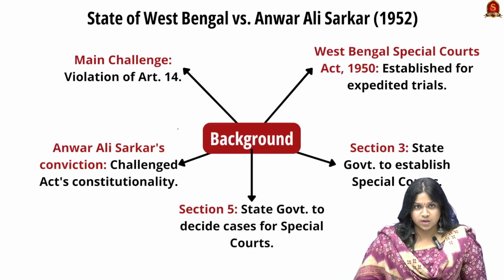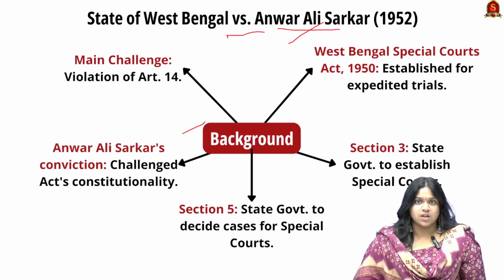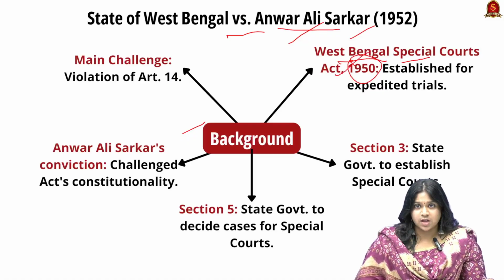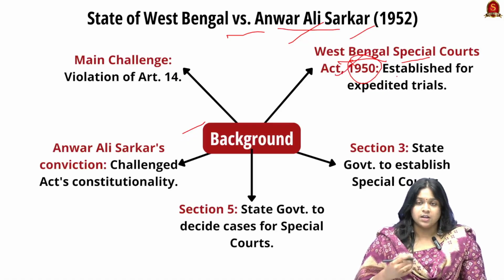So first, looking into the background, in the case of State of West Bengal versus Anwar Ali Sarkar in 1952, there was the West Bengal Special Courts Act of 1950, which was established to bring in special trials, or special courts, for criminal cases.